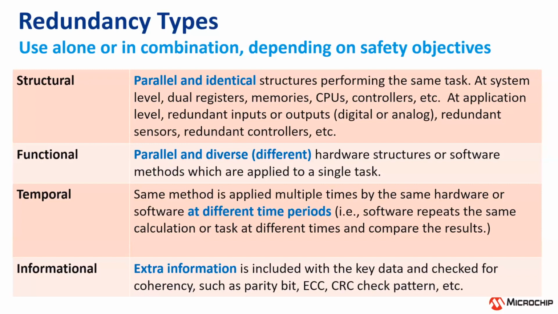That prevents things like a single event upset from a gamma ray or a particle of some sort from causing a common cause failure.